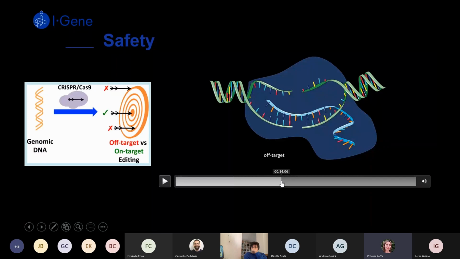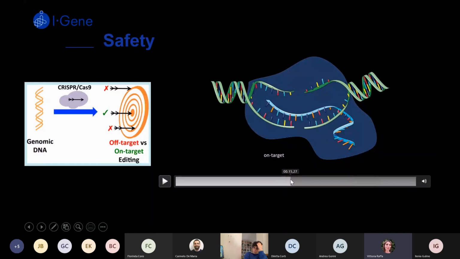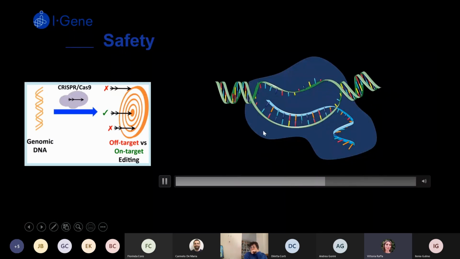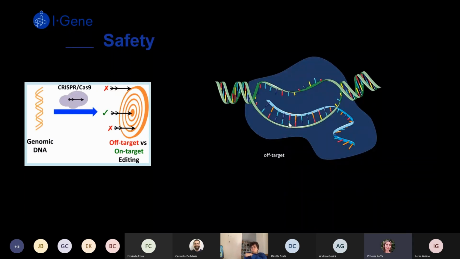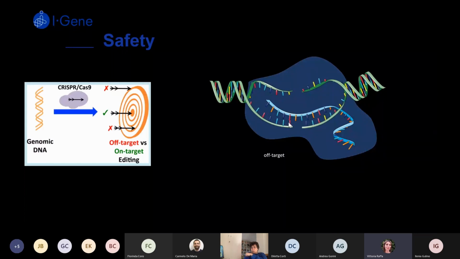I will go back for just a few seconds to show you this again. You see here that the guide RNA is pairing with a sequence that differs by just one base from the target. So it's similar but not identical. The guide could bind to this sequence that is at another point in the human genome, and then cleave it.